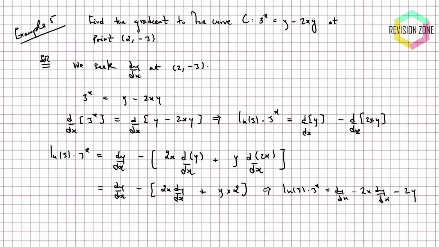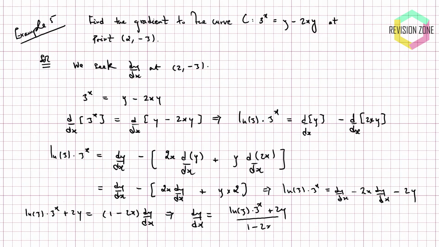Now, taking all the non-dy by dx terms, in particular the negative 2y, to the other side, we have log 3 times 3 to the x add 2y is equal to, and it's convenient to factorize out the dy by dx terms to say (1 minus 2x) dy by dx. And now we're nearly done because we can write down what our derivative is, which is log 3 times 3 to the x add 2y, but then the whole thing is divided by 1 minus 2x.